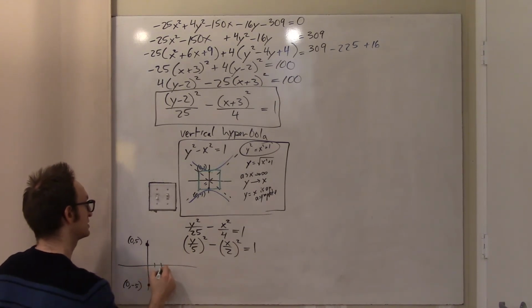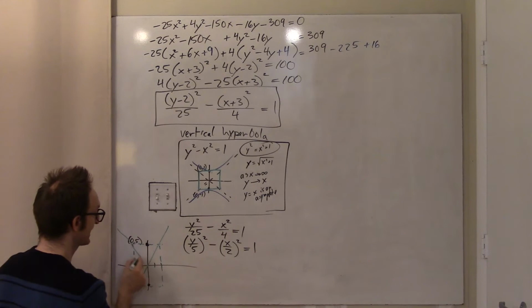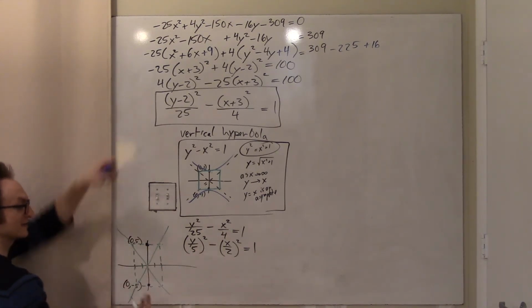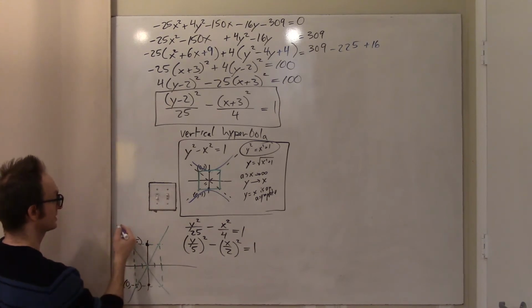So this will be like 2 over and 2 over that way, and so what we have is this 2 by 5 box, or rather the box is really like 10 by 4, 4 wide, 10 tall, and the hyperbola itself is going to look like this.